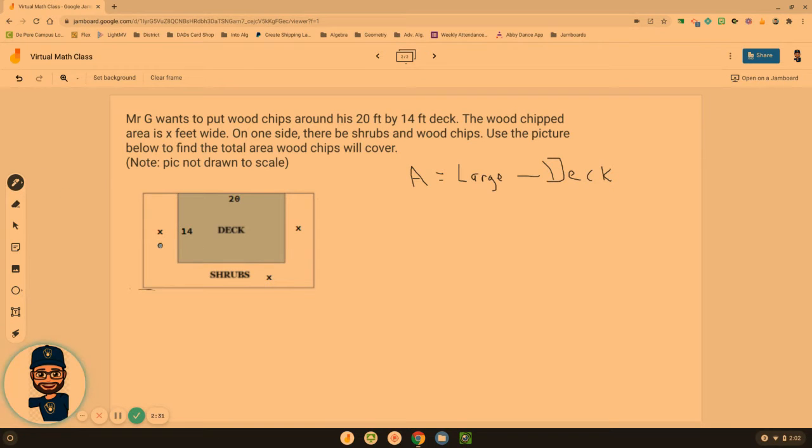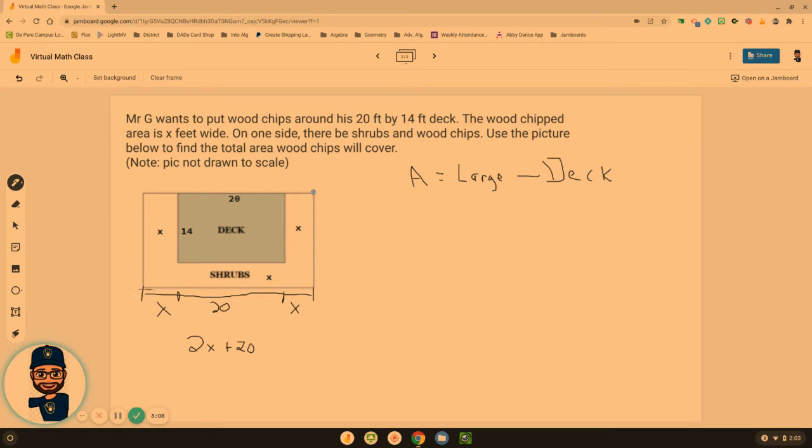The dimensions are given by figuring out how long it is from that strip to that strip. From here to here is the same as the deck, so that's 20. And we also know that this little space is going to be x, because the wood chips are going to be x wide, as is this space. So if I add these together, the bottom side of that large area is going to be 2x plus 20. That'll be the bottom width, if you will.